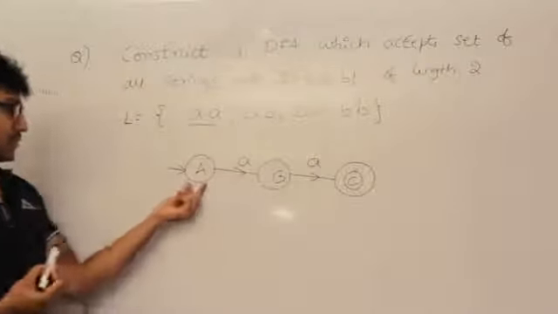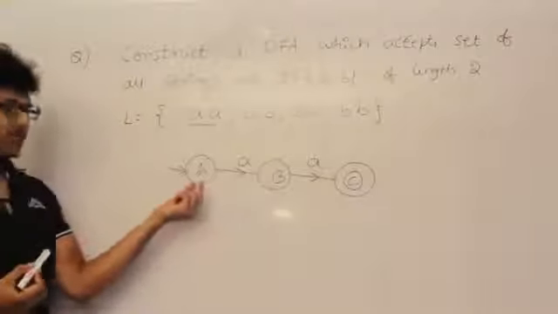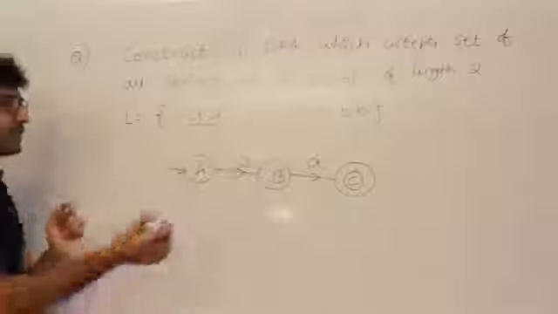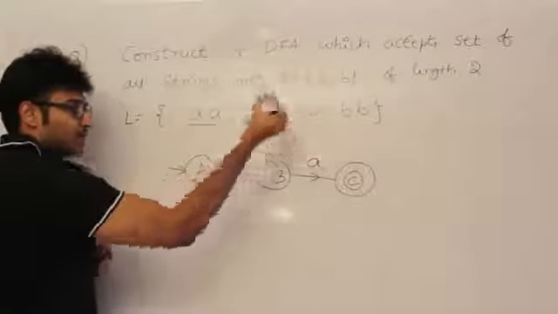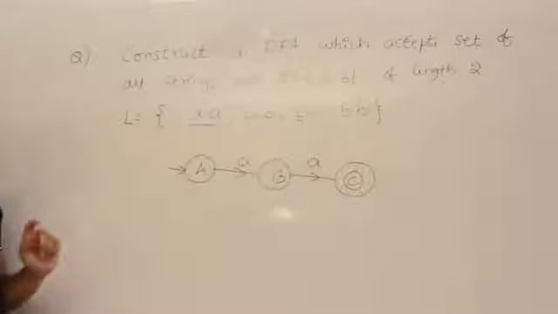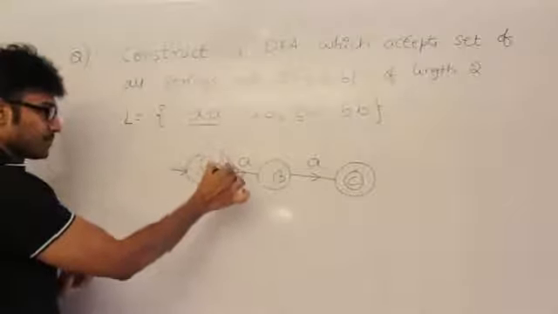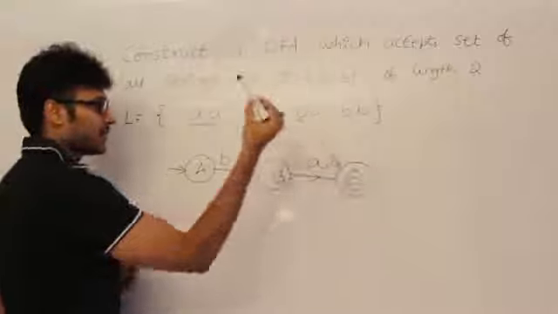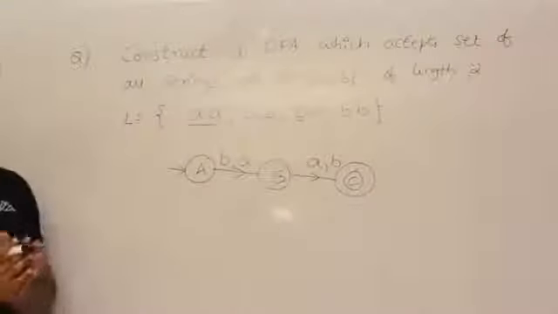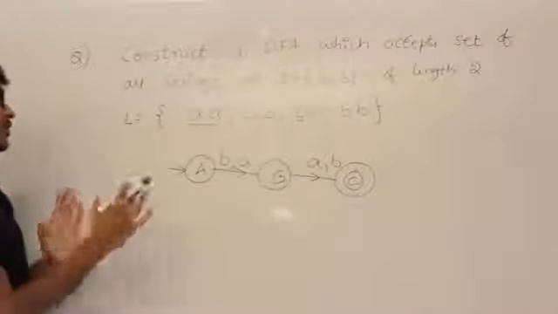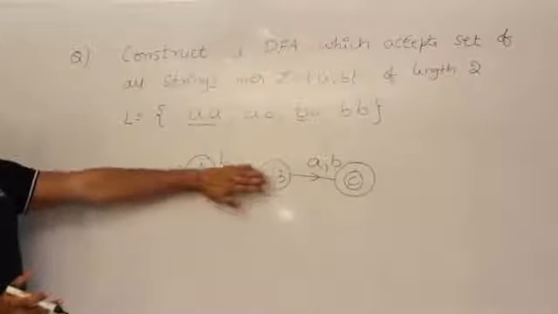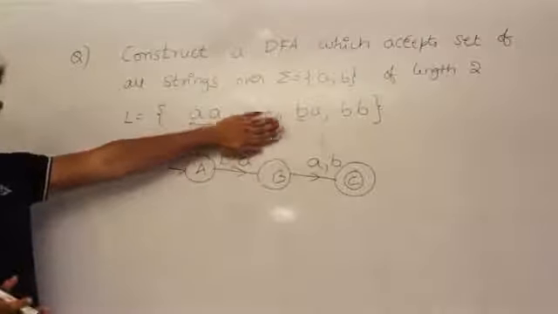What happens if I see small b initially on state A? Then I need to accept it, right? And here also I am going to accept it. If you don't understand this, don't worry, we are going to do a lot of questions. This diagram is exactly going to accept all the strings present in this language.